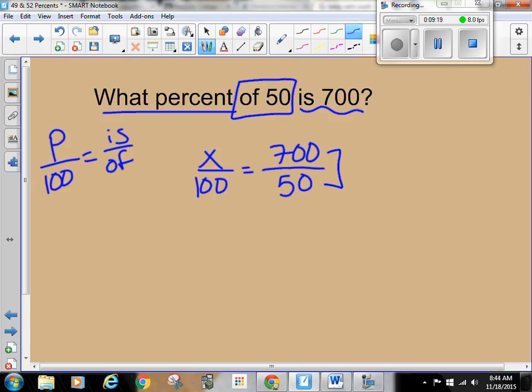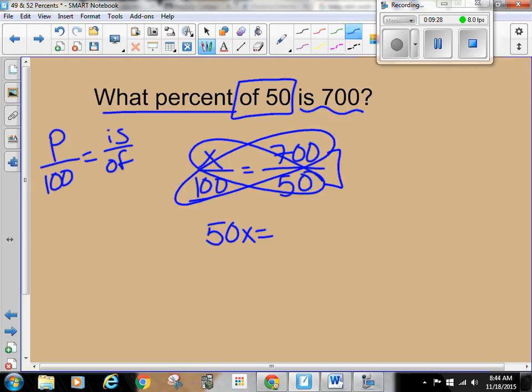All right, go ahead and cross multiply. So you get your 50x. Go ahead and cross multiply your 100 times your 700. All right, you're going to solve for your variable by dividing by 50 on each side. Go ahead and you want to divide those two.